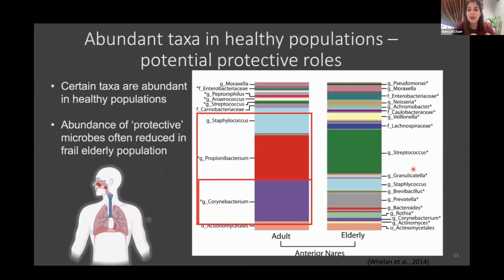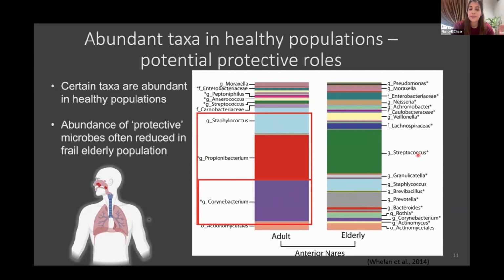If we look at the airway microbiome profile of healthy individuals, we can see that there are some dominant groups present in healthy adults, such as Staphylococcus, Propionibacterium, and Corynebacterium, that are not as prevalent in the frail elderly population. It looks like they are instead being replaced by Streptococcus groups.